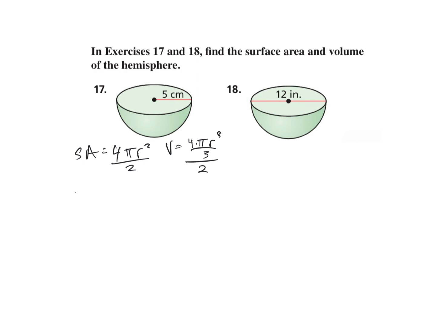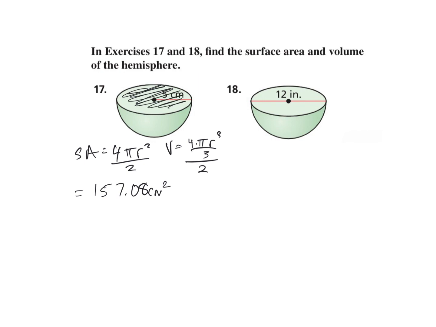Okay, so the first one, surface area. The radius is 5. So you square 5, that's 25, times pi times 4. And now we divide that by 2 because it's half of a sphere. And we get 157.08 square centimeters. And that's not the correct answer because you have the surface of the flat part here to add to it.